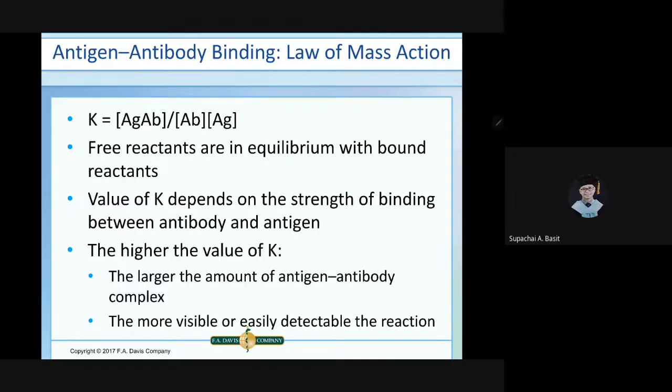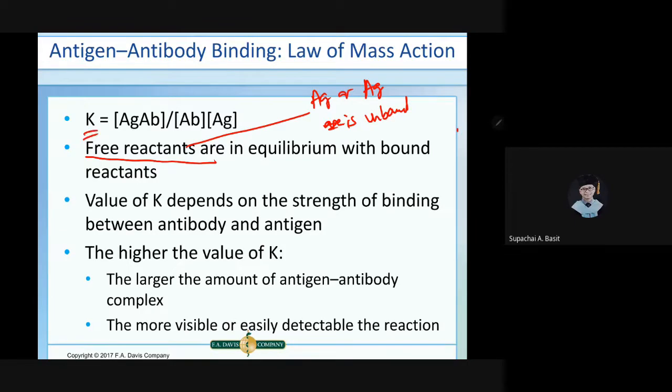So how do you know if it's free reactants or bound reactants? When you say free reactants, it means that either the antigen or antibody is unbound, meaning they haven't found any affinity yet. So the value of this particular K, or equilibrium constant, depends on the strength between the antibody and the antigen.